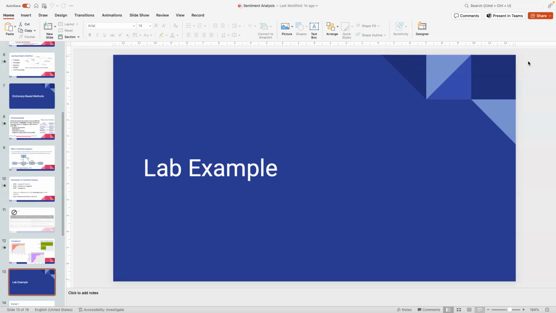That's why I very rarely use these alone as my only measure. I think it's a good start, but it doesn't get the full context.